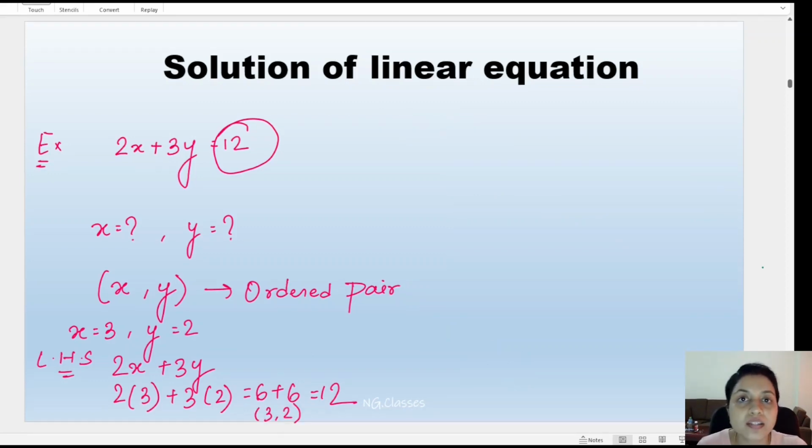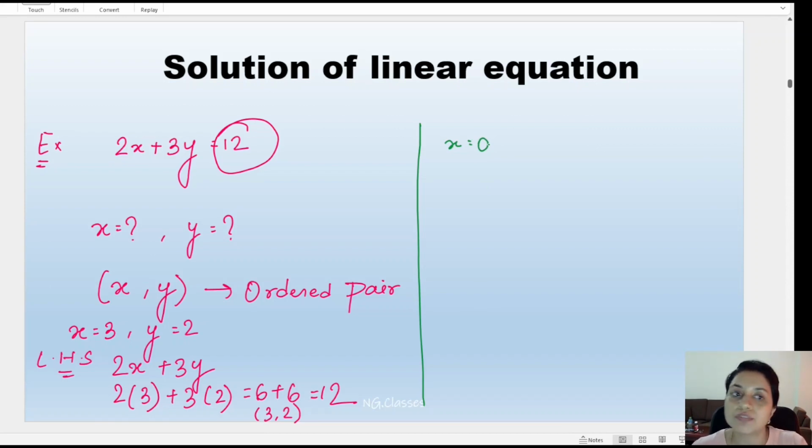Now here, rather than guessing what will be the ordered pair which will satisfy our equation, there is an easier way to find the ordered pair. We can take any random value of x and calculate the y value with the help of the given equation, and this way we will get one ordered pair. So let's take x equal to 0 and calculate y.